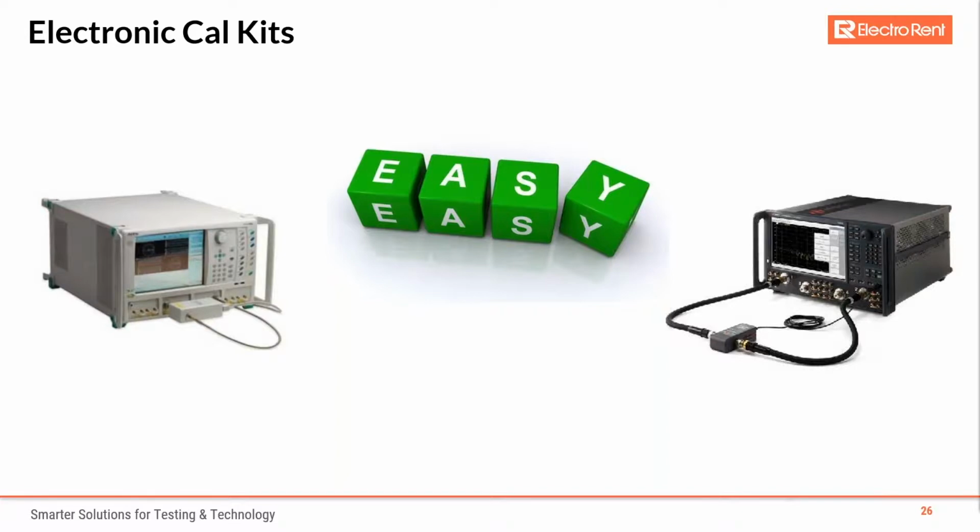This saves a lot of time and reduces the chance of human error versus mechanical cal kits, where you would have to connect one open, one short, and one load, and then do the same for each and every other port, and then connect the two cables together for a through test to complete the calibration. The eCal module takes care of all of this in one fast sweep.